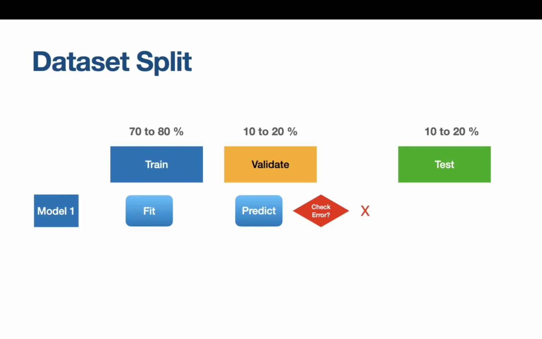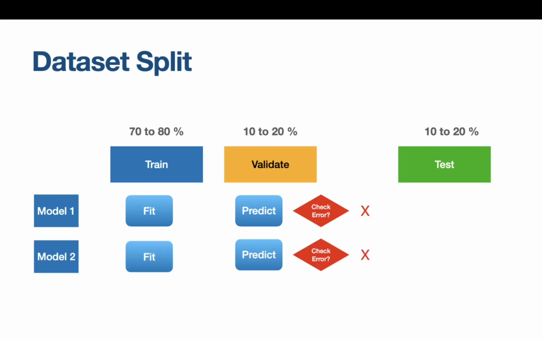Now we fit a model on the training data and then evaluate its accuracy on the validation data. If it is not good, then we can go for another model and repeat the same step.